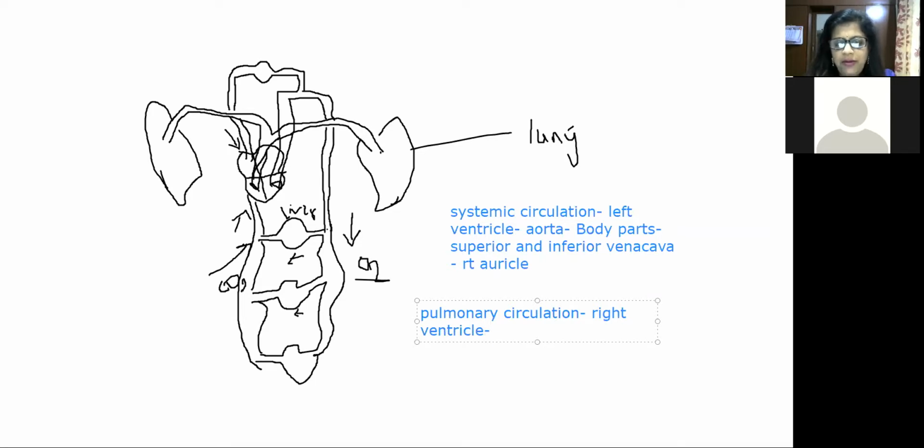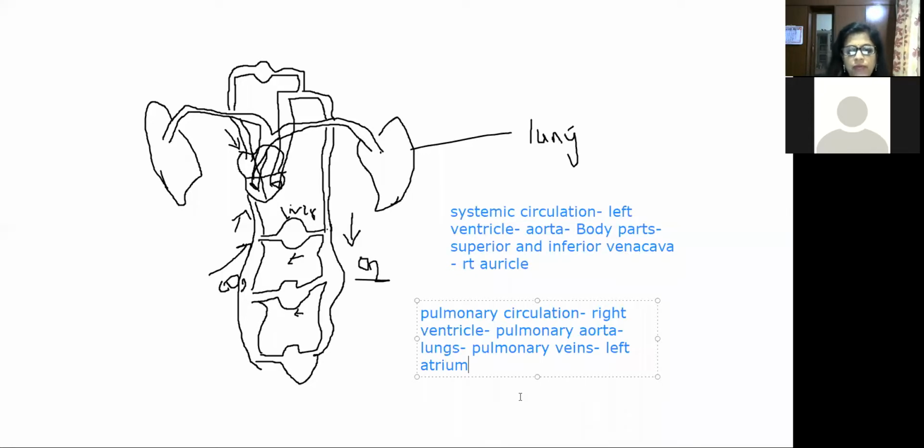From the right ventricle it will pass to the pulmonary aorta. Then it transfers to the two lungs. Then it will transfer to the pulmonary veins. From there, it will be released in the left atrium. I hope you have followed.